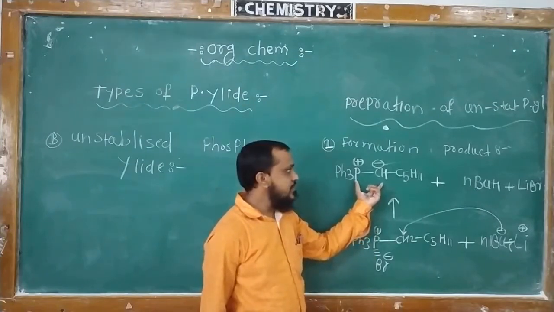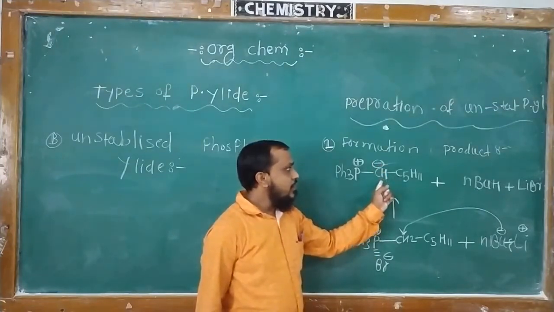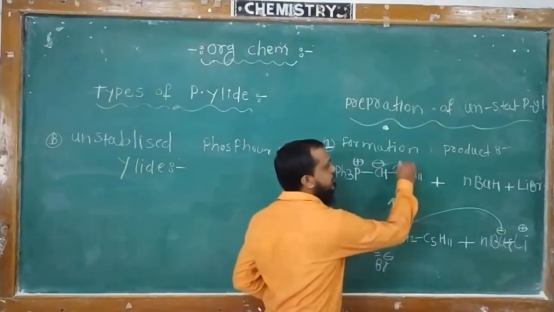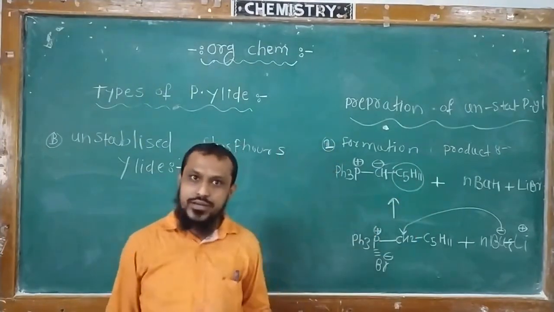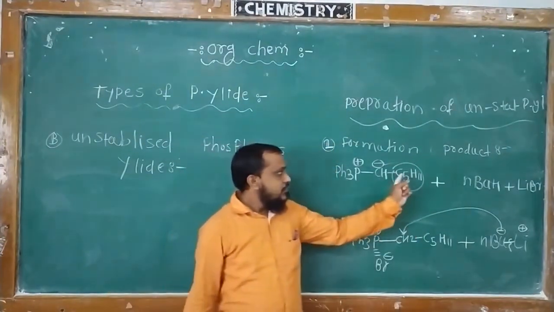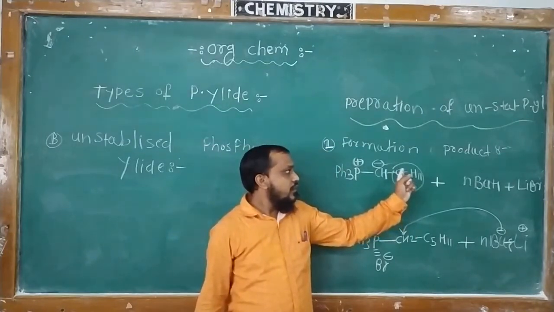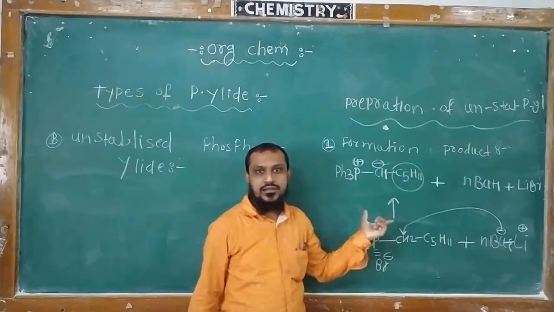When we see the structure here, the nucleophilic carbon is attached with the electron donating group. C2H5 is an alkyl group and is a donating group, due to which the negative charge on the carbon becomes highly unstable.